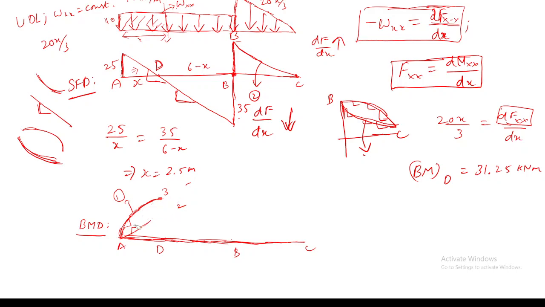And when will we have the SFD like that one? You are asking a question like this. See, for example, based on a uniformly varying load, if I have a triangle like this from B to C, a triangular or uniformly varying loading like this, then here the shear force increases from point B to point C. Then I should have a parabola with an increasing slope.